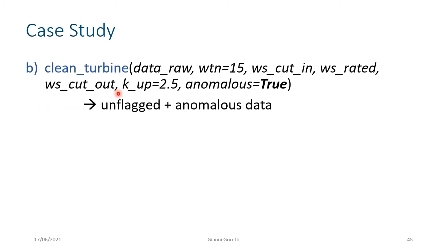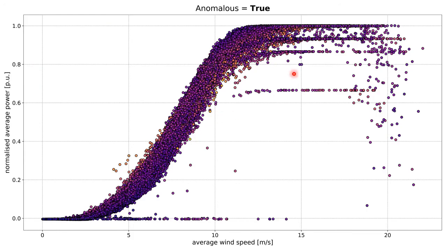On the other hand, we call the function with the same parameters, but with the anomalous parameter set as true. So in this case, we do want to keep the anomalous or flagged data together with the unflagged data. And this is the result.